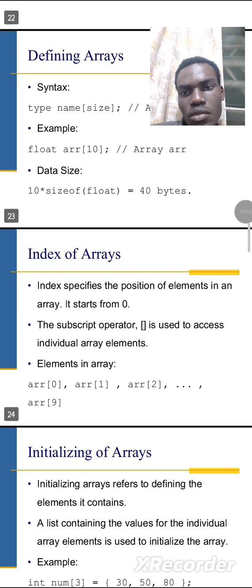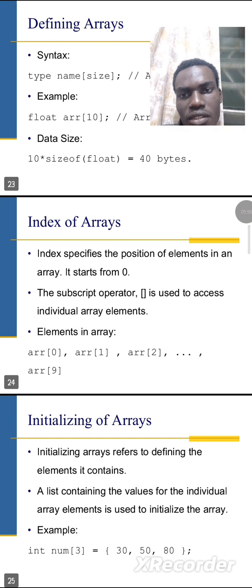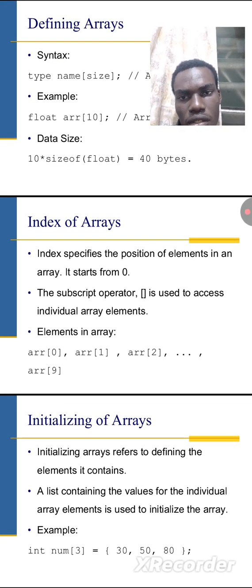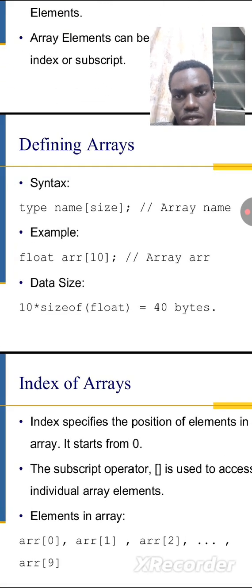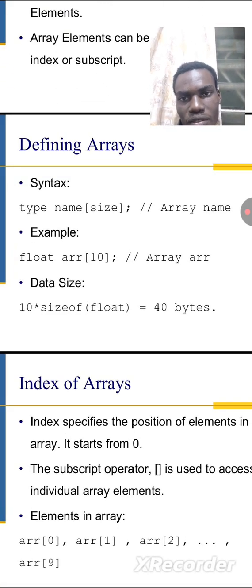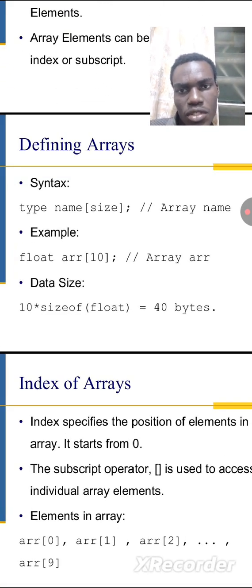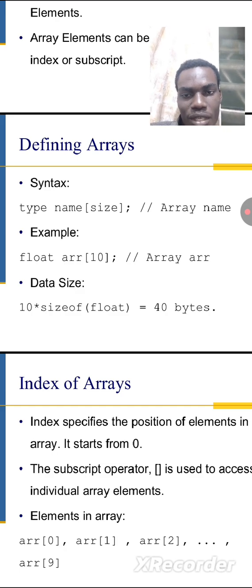Let's continue with the index of arrays. The index specifies the position of an element in an array. It starts from 0. So when you look at this example, you see we have 10, but it will start from 0 and end at 9, making 10.